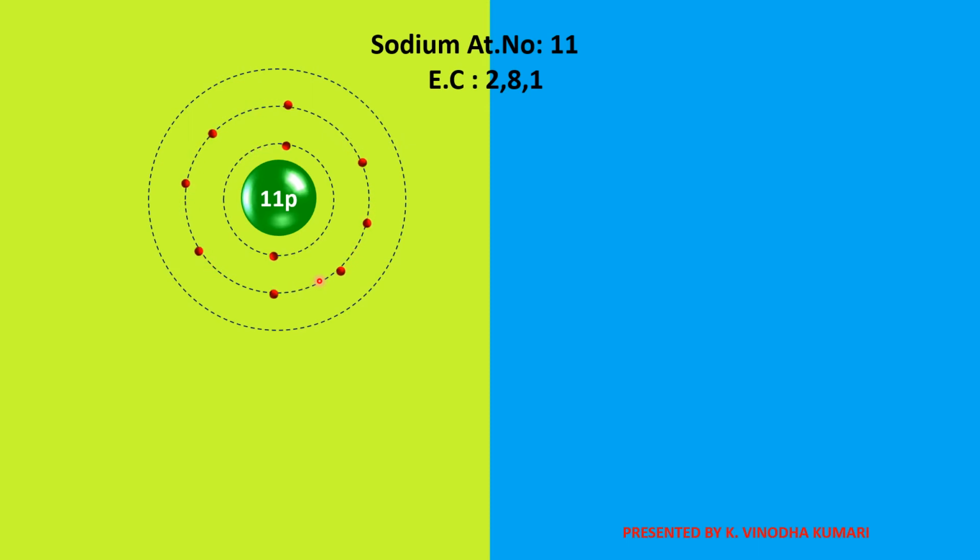So sodium can lose only 1 electron. This is the third shell, which is the outermost shell, from which sodium can donate the electron, whereas oxygen requires 2 electrons. So another such sodium will be there.